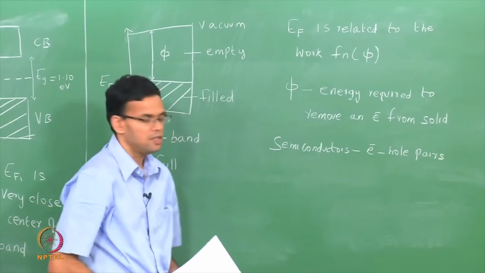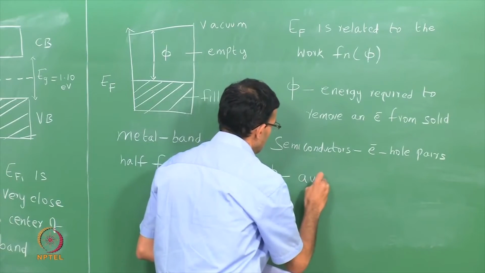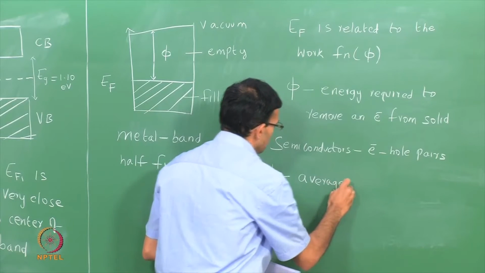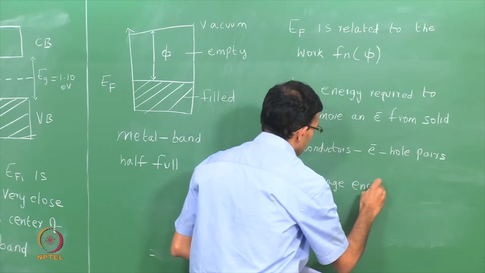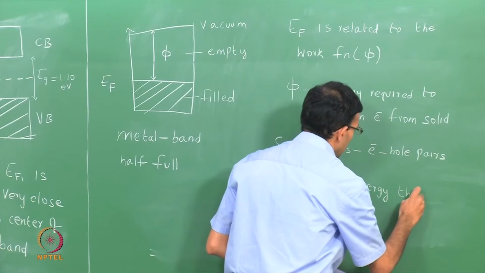So, in such a case, psi represents the average energy that is required to remove an electron.